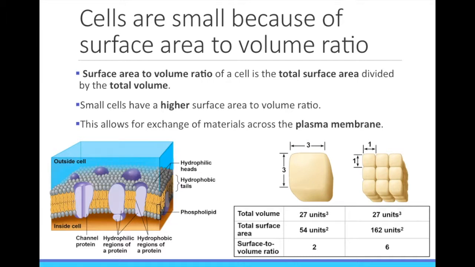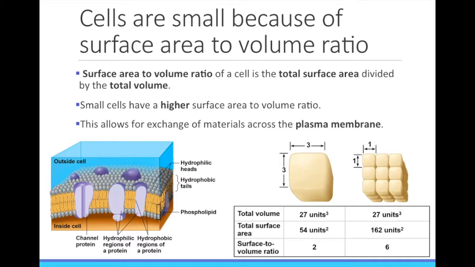A ratio is just talking about division. So the surface area to volume ratio is the surface area of the cell divided by its volume. The surface area of the cell is represented by its plasma membrane, and the volume is all of the liquid cytoplasm on the inside. The plasma membrane is a bilayer of phospholipids that surrounds the entire cell.